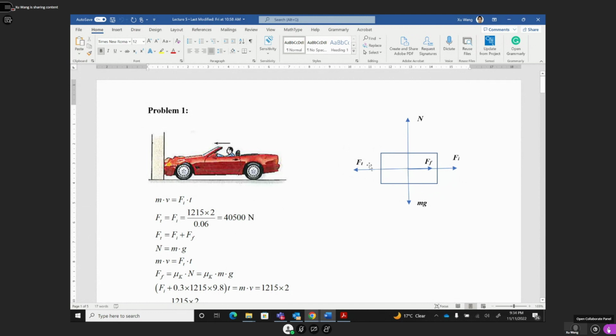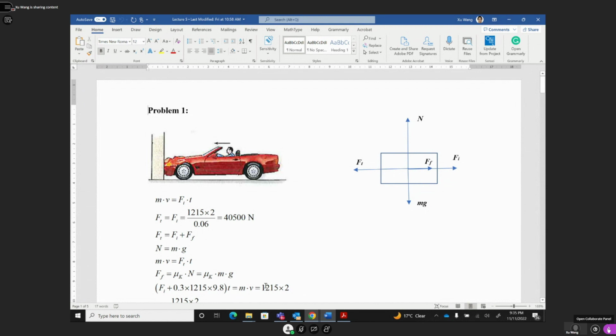So the traction force hitting the wall, F times delta t, equals the beginning momentum minus the end momentum, which is 0. In this case you have 2 parts: one is the reaction force of the wall, the other is the friction force. The friction force equals mu N, which is 0.3 times mg, multiplied by t of 0.06 seconds, equal to the momentum.